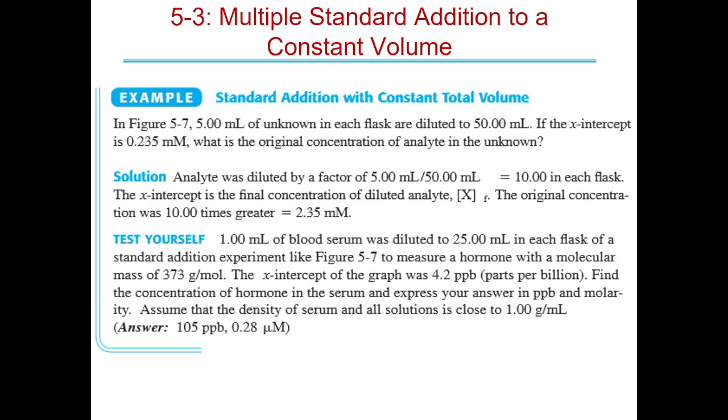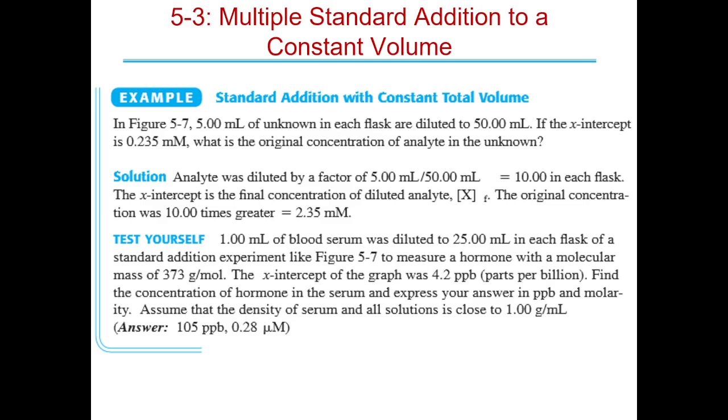So figure 5.7, 5 milliliters of unknown in each flask are diluted to 50 milliliters. If the x-intercept is 2.35 millimolar, what is the original concentration of analyte in the unknown? So your analyte was diluted from 5 to 50, right? And so that means that you have a 10 times difference in each flask, right?